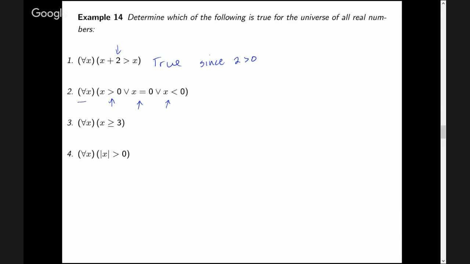No, it says for all x, these are ors. X is either positive, x is equal to 0, or x is negative. That's true, right? This is actually called our trichotomy law. The only 3 options for the real numbers.